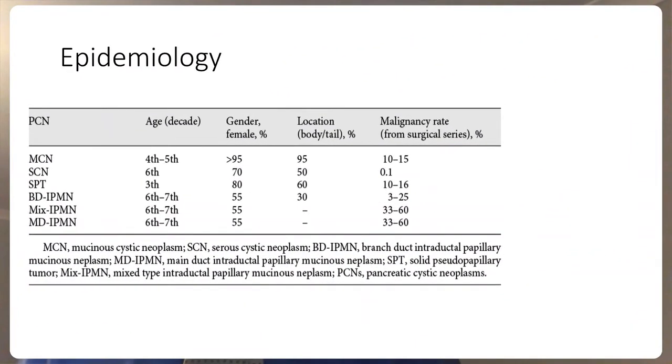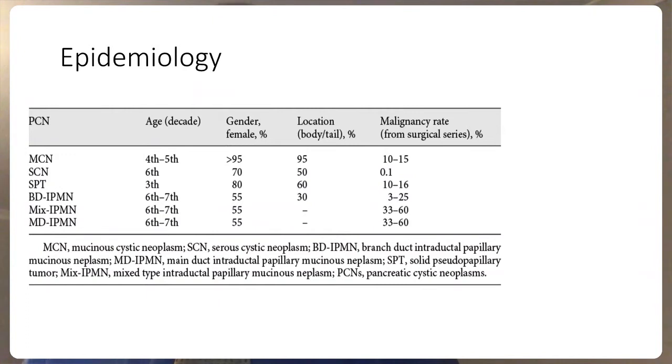Now, the epidemiology, I have mentioned a little bit of that, but mucinous cyst adenoma is regarded as the mother cyst because it happens in ladies mostly in their 4th to the 5th decade. As you see, 95% of them are females. Serous cyst adenoma, again, 70% of the cases occur in females.